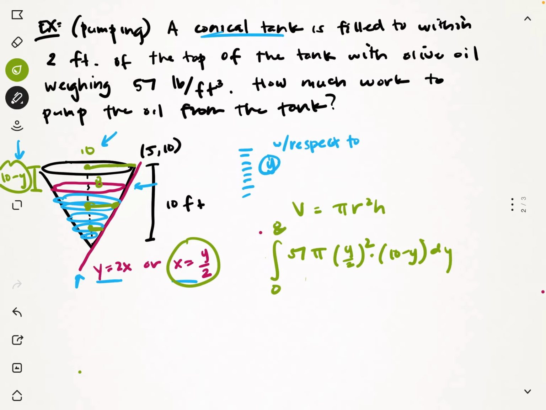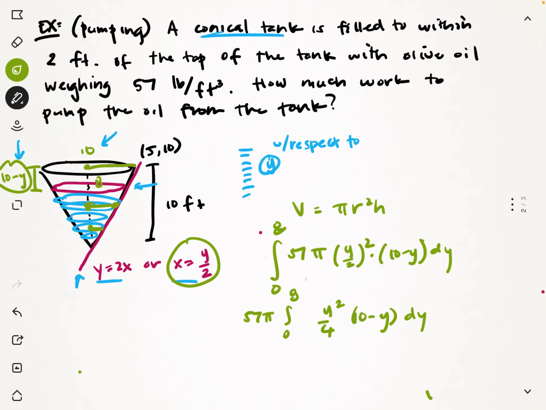Okay, now let's start cleaning this up a little bit. We're probably going to run out of room, but we can bring the 57 pi out here. Y over 2 squared is going to be y squared over 4, and then 10 minus y dy.